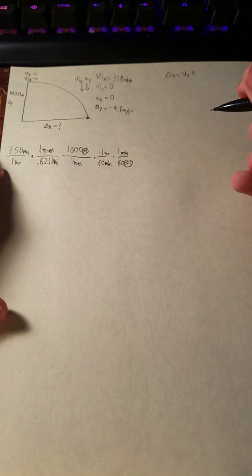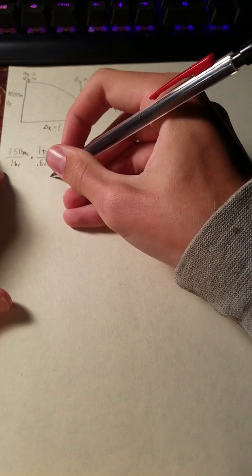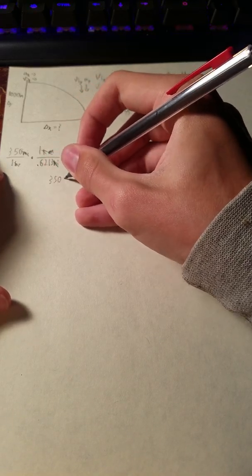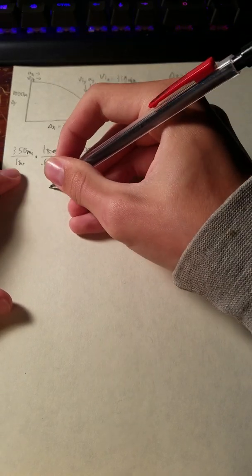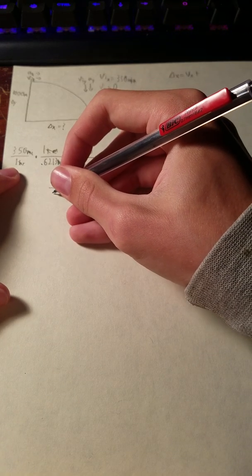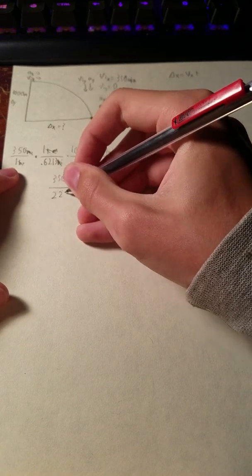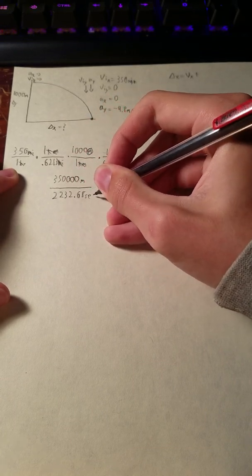Now, in order to solve for this, you multiply across on the top. When doing that, you end up with 350,000 meters. Similar on the bottom, you end up with 2,232.68 seconds.